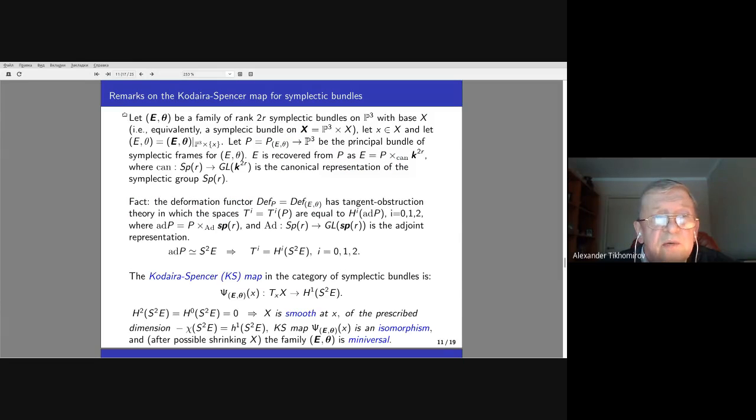To start with, I would like to make a few remarks about Kodaira-Spencer maps for symplectic bundles.